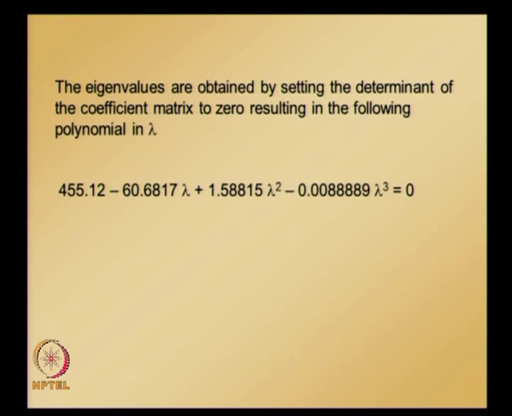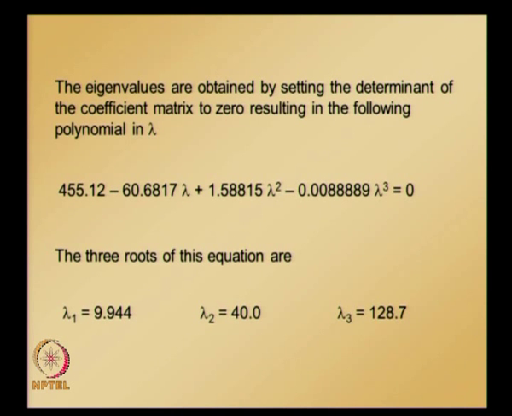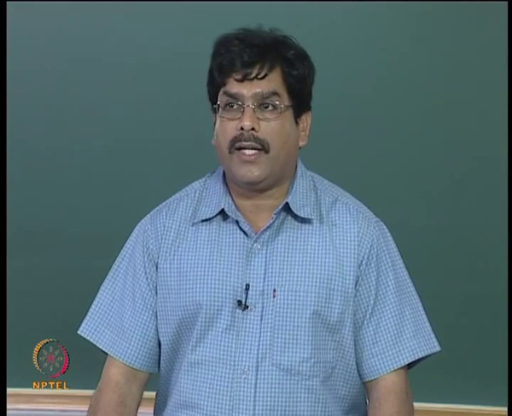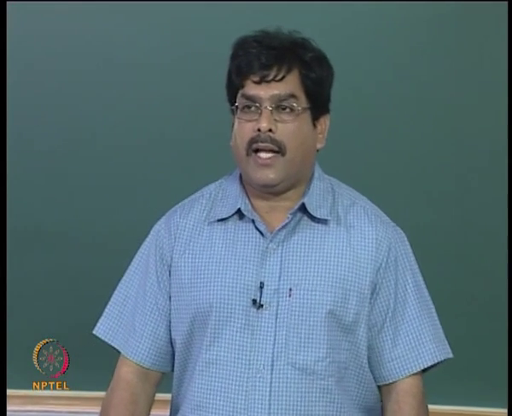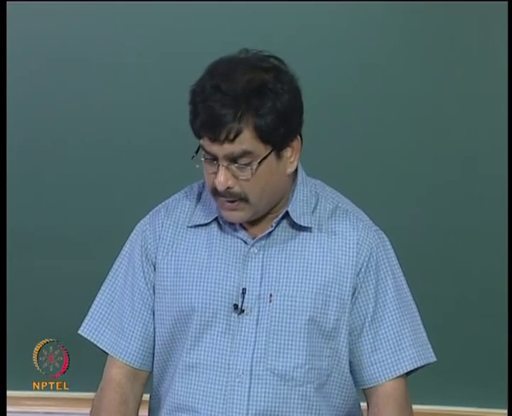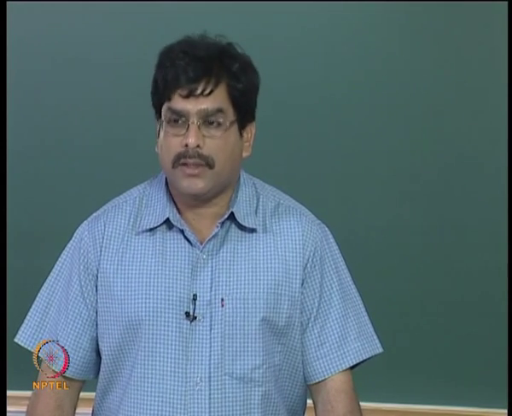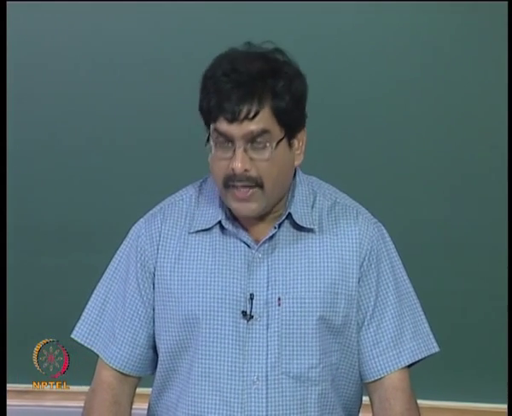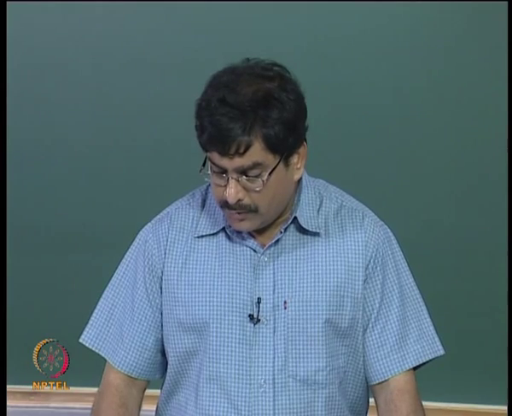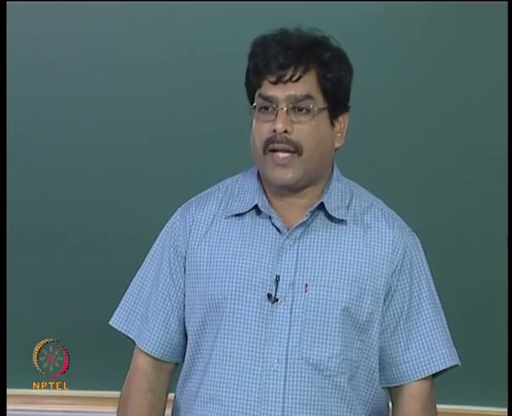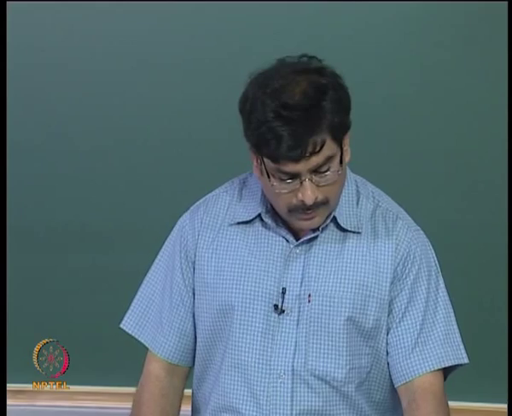Solving for the 3 roots of this equation, we get lambda 1, lambda 2, lambda 3, and the lowest eigenvalue corresponds to the first buckling mode, as we have already discussed earlier when we are solving same problem using 2 node linear elements. So, by equating the lowest eigenvalue to the first buckling mode, we can obtain the critical buckling load.